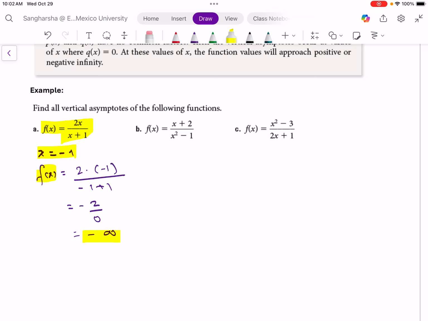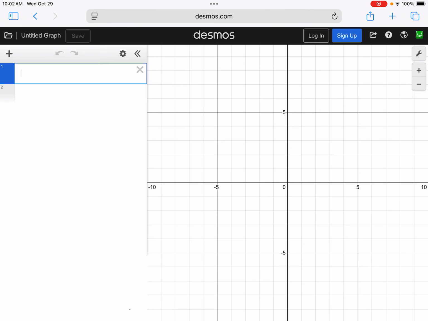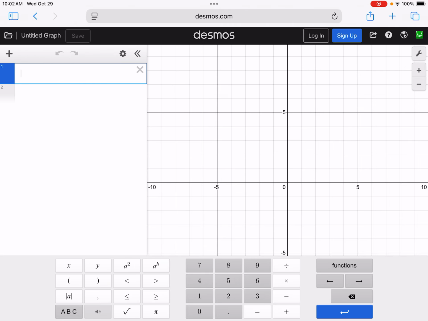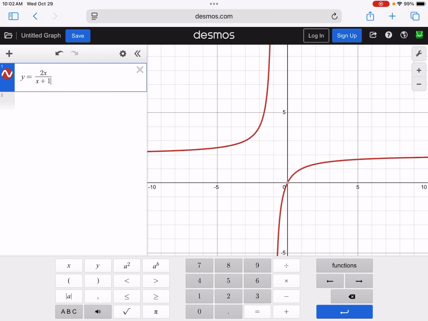Let's go ahead and graph this function on our graphing calculator. Here we have f of x, so let me use y for f of x. So we have y equals 2x divided by x plus 1. This is the graph for this rational function.